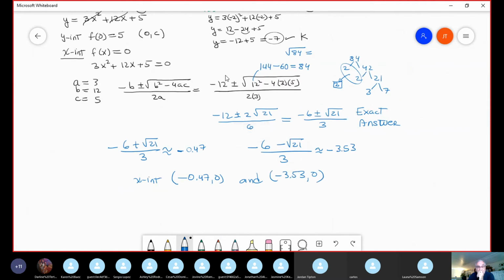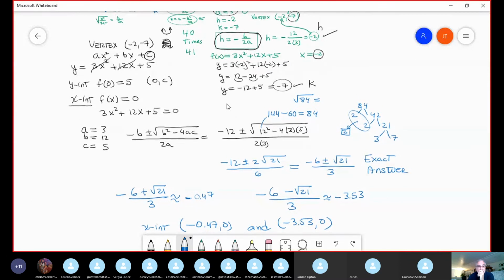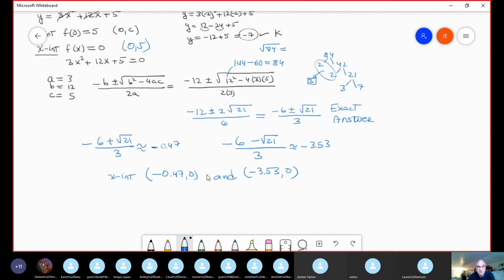The vertex, remember, was negative 2, negative 7. We have the Y-intercept, which in my example is 0.5, and we have 2 X-intercepts, this and this.